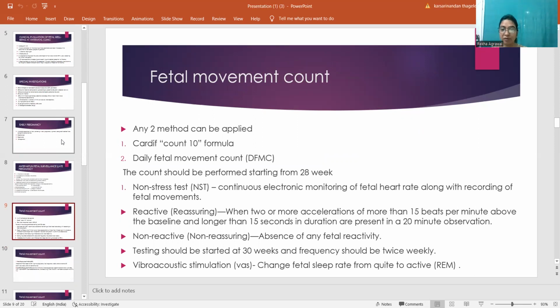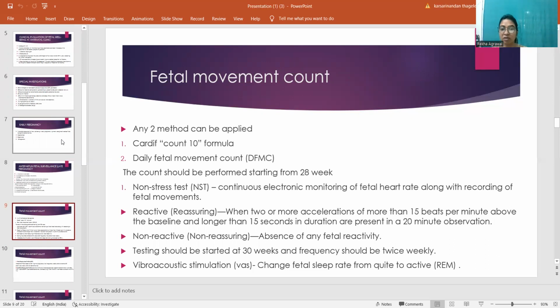Cardiff count to 10 formula. That is a daily fetal movement count. We explain to the patient to count the fetal movements after breakfast, after lunch, and after dinner, so that if they total 10, it indicates that the fetus is normal. The count should be performed starting from 28 weeks of pregnancy, because before that, the fetus has movements which are not appreciated by the mother properly.